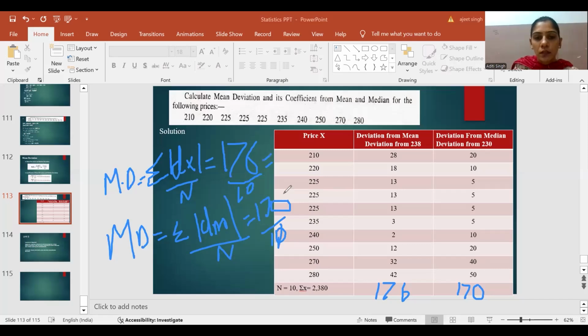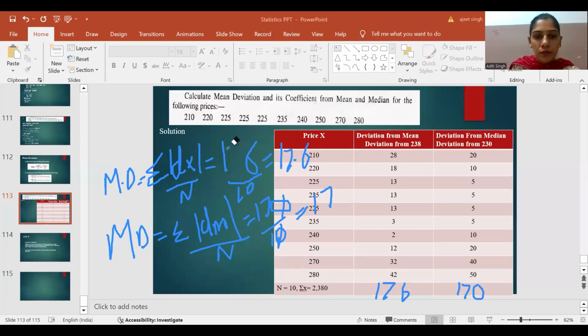So here the value that comes is 17, and the value here is 17.6 basically. So the value of median deviation is 17 and the value of mean deviation is 17.6.